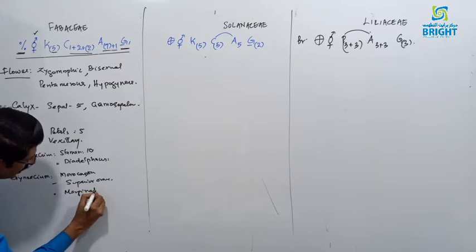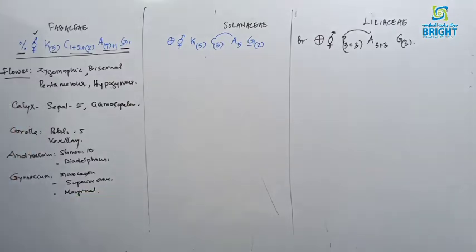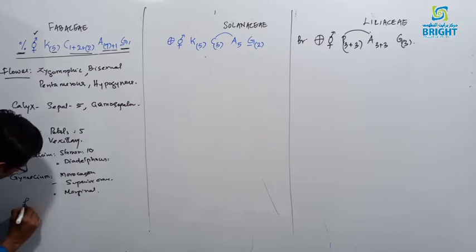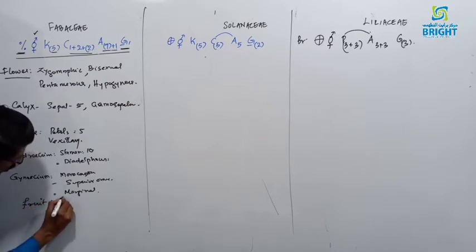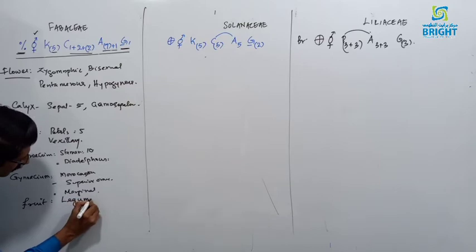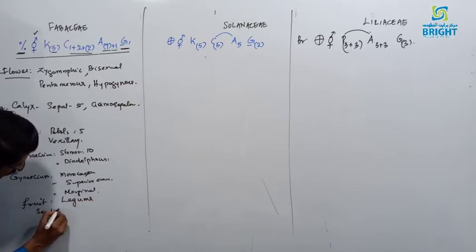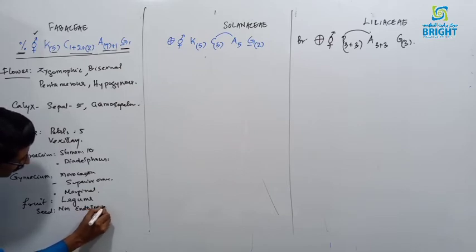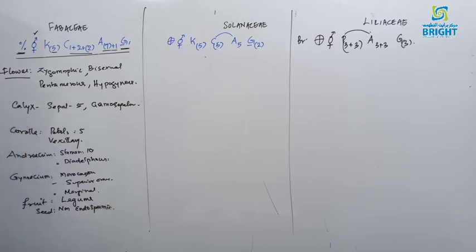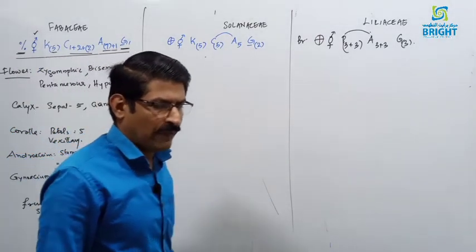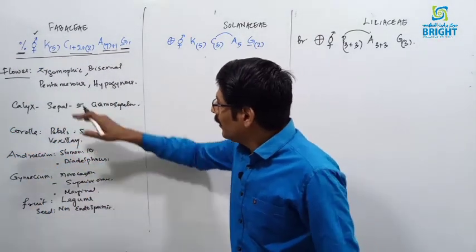We have already studied marginal placentation with many ovules. And the fruit is commonly called a legume, and the seeds are non-endospermic. This is the floral character of the family Fabaceae.